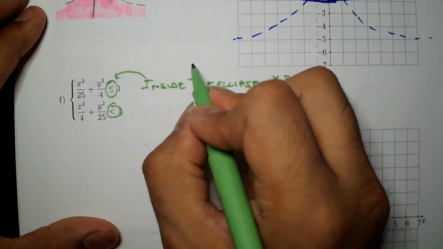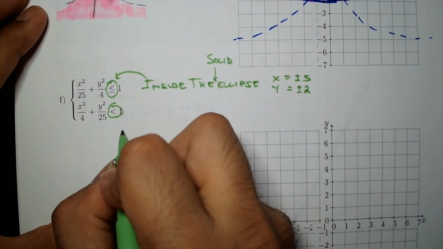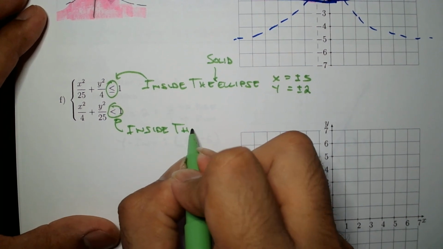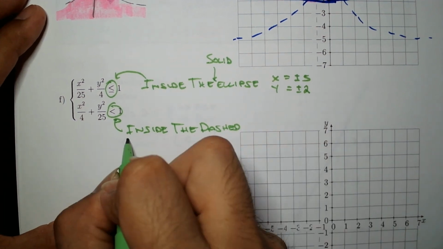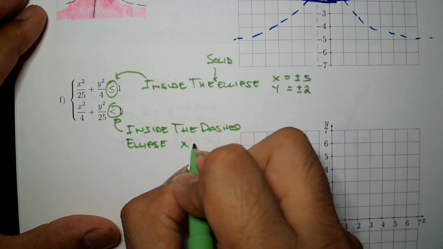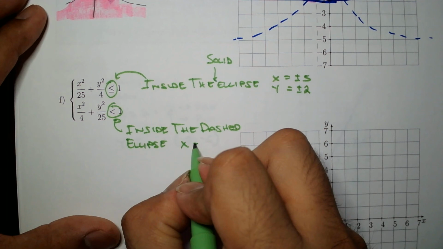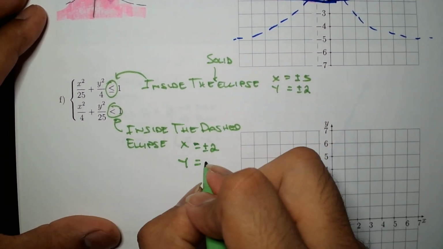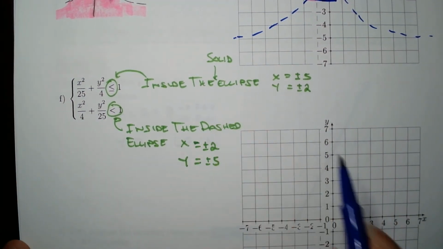And also solid, this is a solid ellipse, and also inside the dashed ellipse with x-intercepts. Be careful with the x-intercepts. Now the x-intercepts are the square roots of its denominator, plus or minus 2, and the y-intercepts are plus and minus 5. All right, so let's do one solid ellipse.